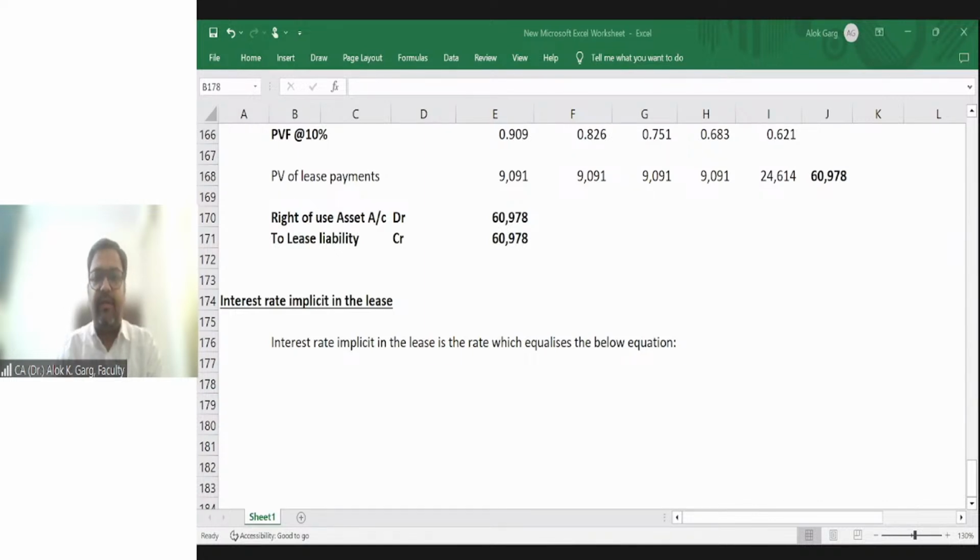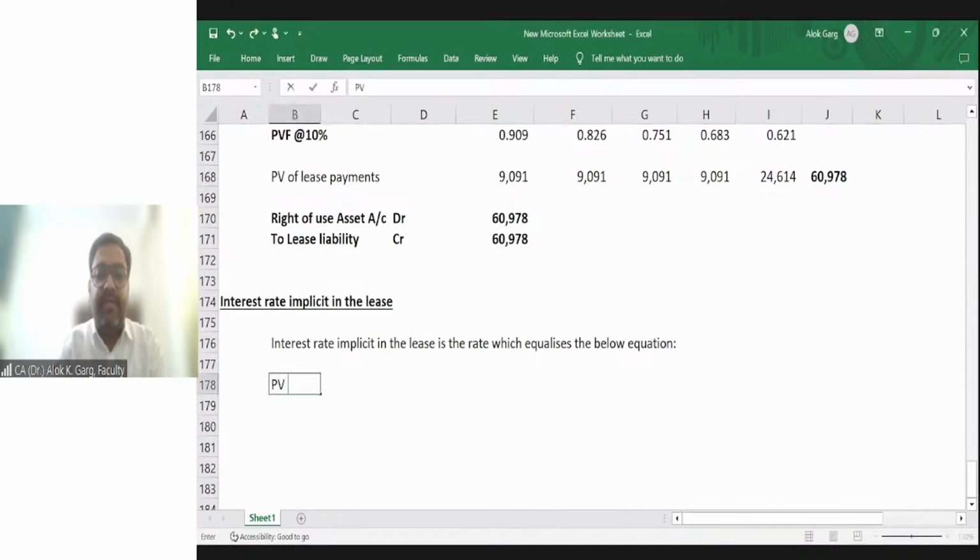The equation is where the present value of lease rentals, the present value of lease payments to the lessor, we are talking from the lessor perspective, plus present value, because the residual value will also be received in the future, present value of unguaranteed residual value, is equal to what?